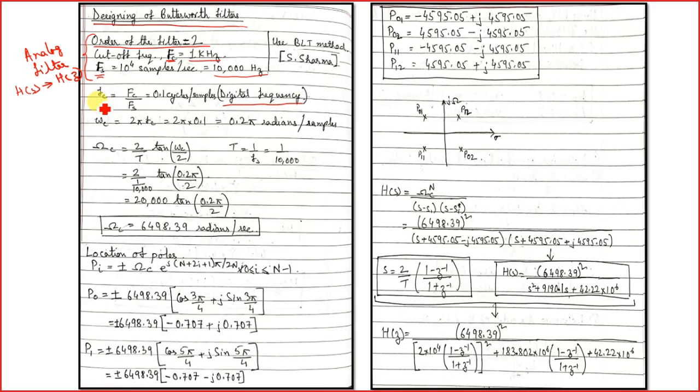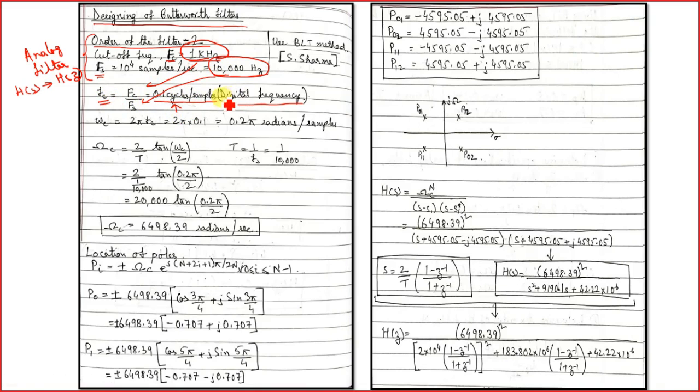which is given by small fc equals capital Fc by Fs, which is 0.1 cycles per sample. You just have to put the values in and calculate the small fc value.